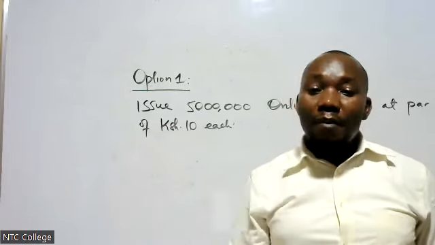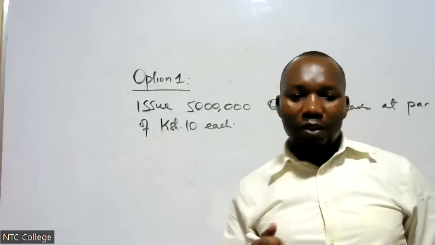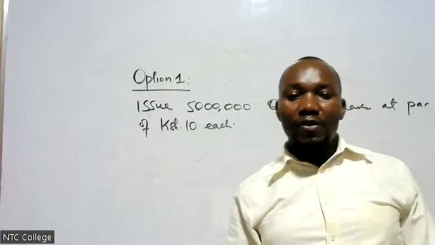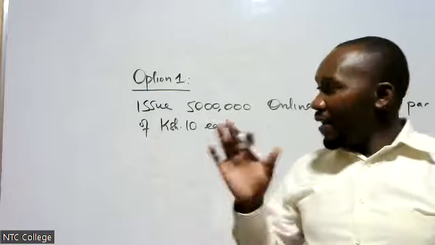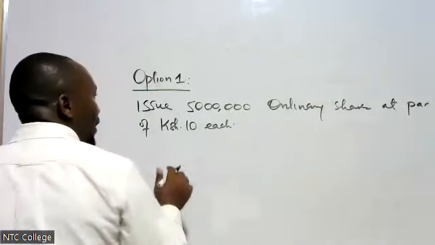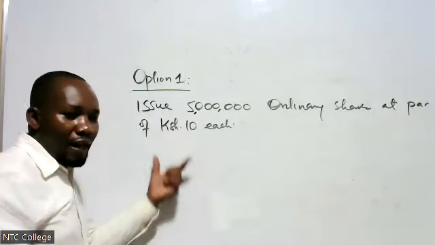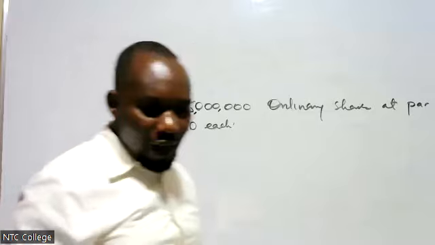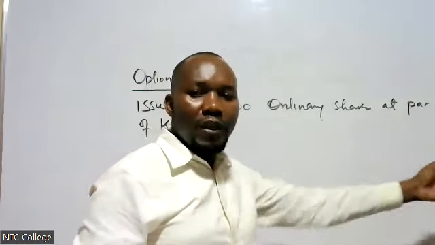He can also get the money to invest through loans. That is what we agreed, all right? We say that when you want to invest, you can get money through loans, ordinary shares, preference shares. He has two options. The first one, he can issue ordinary shares worth 5 million. And exactly that is what he wanted. He wanted 5 million, so he can decide to go for ordinary shares fully.